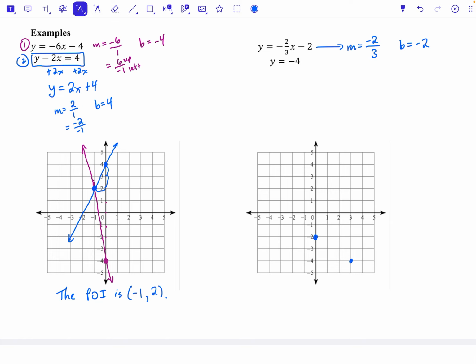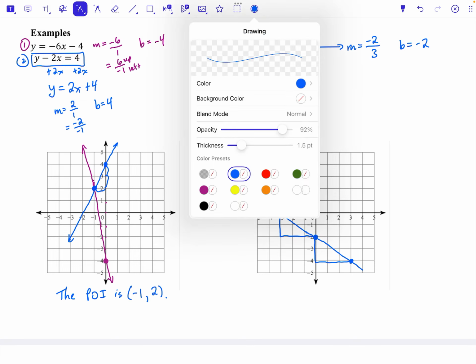And it's going to continue in that direction, so draw a straight line. By the way, if you know it goes down 2 over 3, you also know that it will go over 3 up 2 up here too. It's just going to continue in that -2/3 slope. All right. Next line.